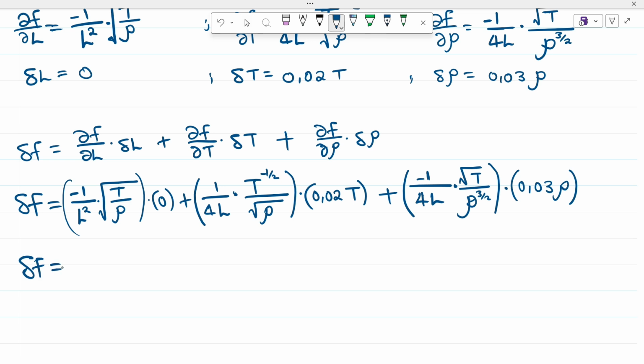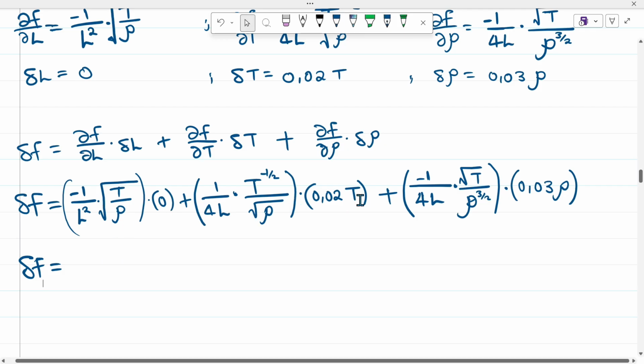small percentage change in f is going to be, so remember this is 0. So here when we multiply t by that, negative 2 and 1 which comes from here, we'll add each other and you'll get t to the power positive half, right? And then half of t, that means that's a root of t.